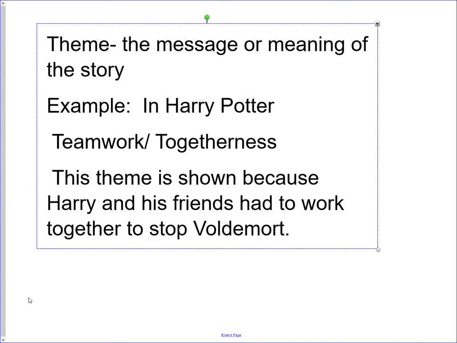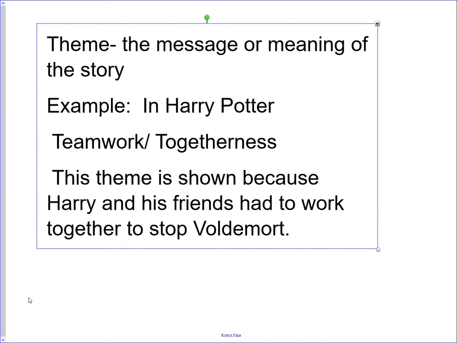And our last one is theme. Theme is really the message or the meaning of the story. So if we're still talking about Harry Potter, there are lots of different themes you can talk about, but one we could talk about is teamwork and togetherness. This theme is shown because Harry and his friends had to work together to stop Voldemort.